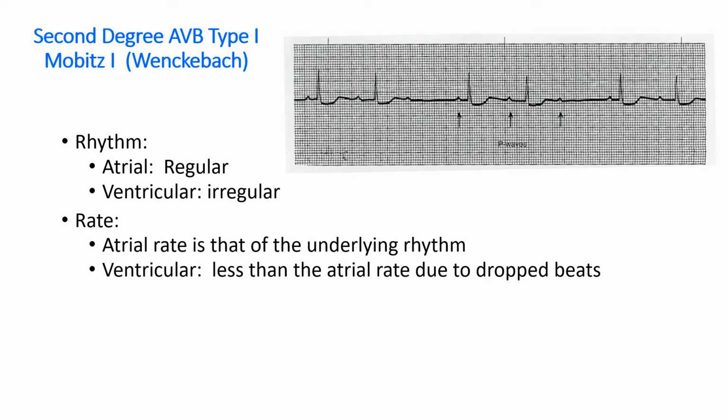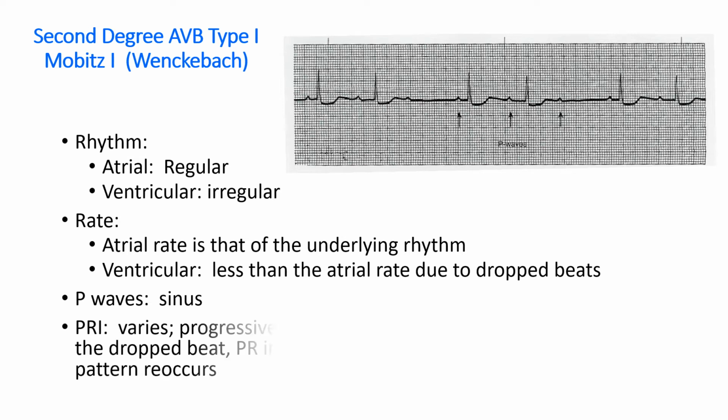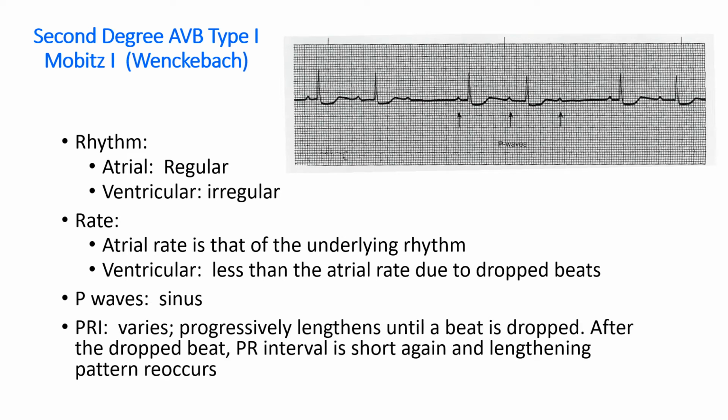And we're looking at this page 149, 820. What you're going to find is your atrial rhythm will be regular. Your ventricular will be irregular. So your P waves are fine, there's not a problem with the atrial or the SA node.